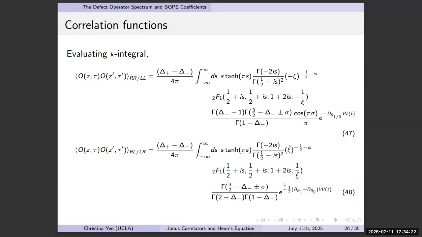So that tells us, for this S integral, which we couldn't explicitly compute, if we find where the poles sit for this integrand, the residues will be the boundary OPE coefficients, and the locations of the poles will be the conformal dimensions of the boundary operators. So we are going to do that.